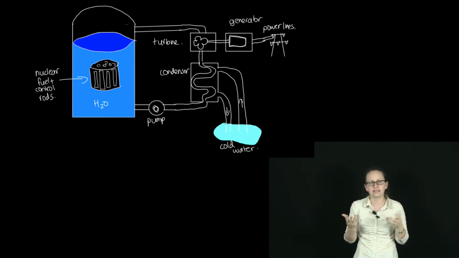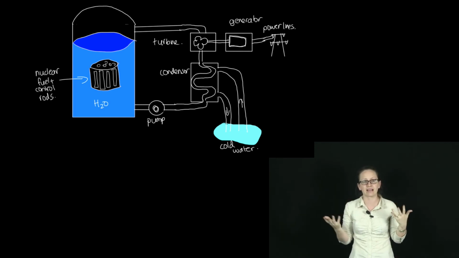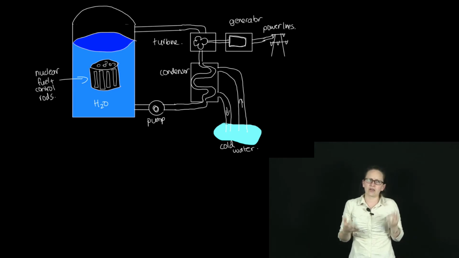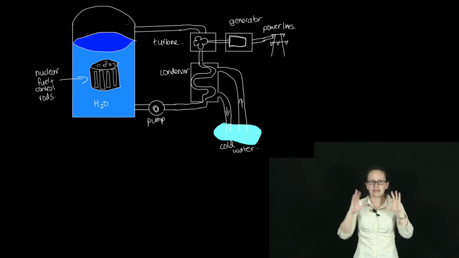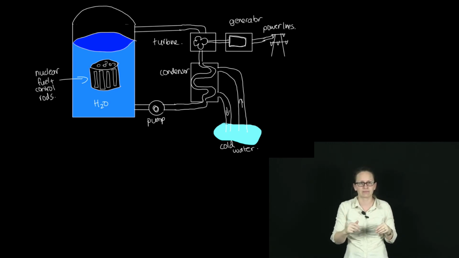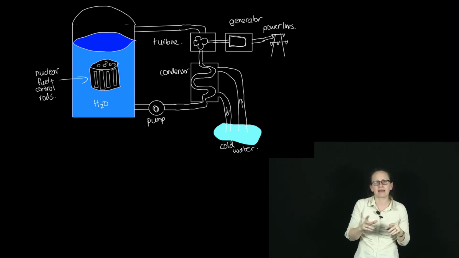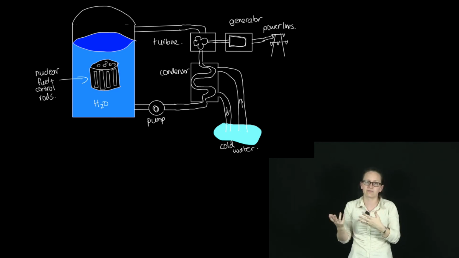And more recently, the Fukushima Daiichi reactor in Japan had an accident in 2011 following a tsunami. Generally now, nuclear power plants, or the new ones, are very well designed, and it's highly unlikely that an accident is going to happen. However, all nuclear power plants do produce waste fuel.